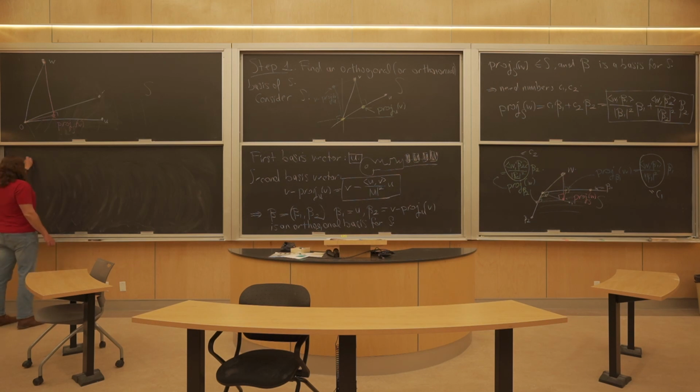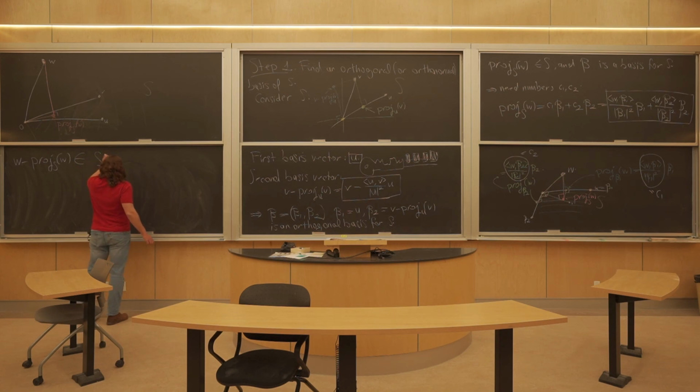So W minus proj sub S of W then would be a vector in S perp. Okay?